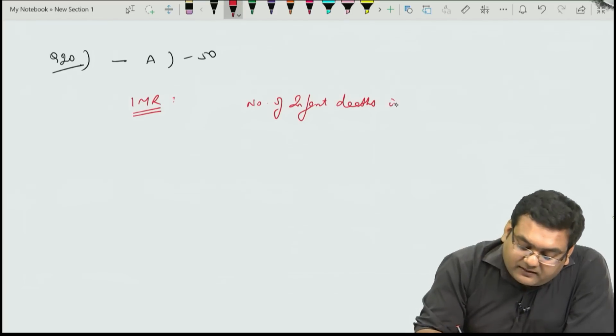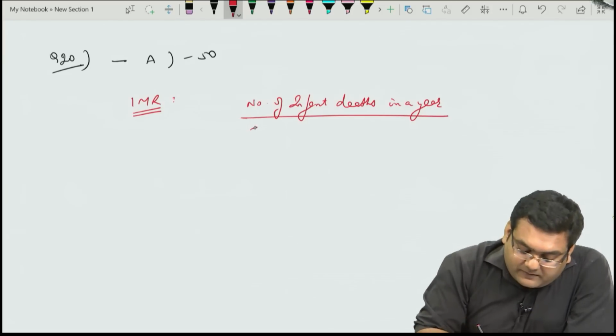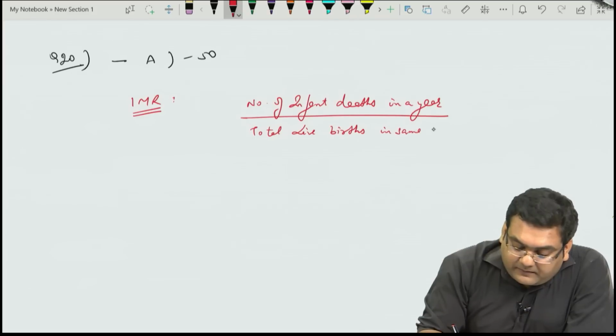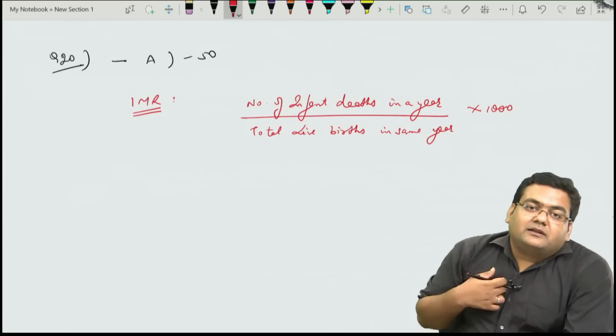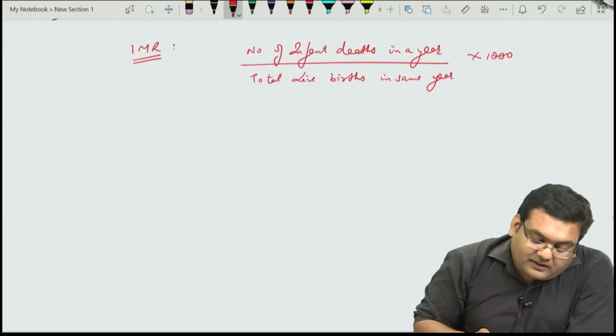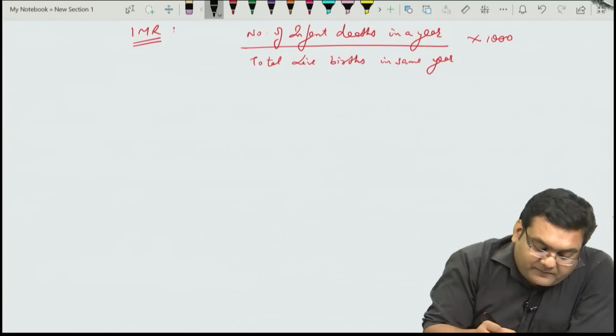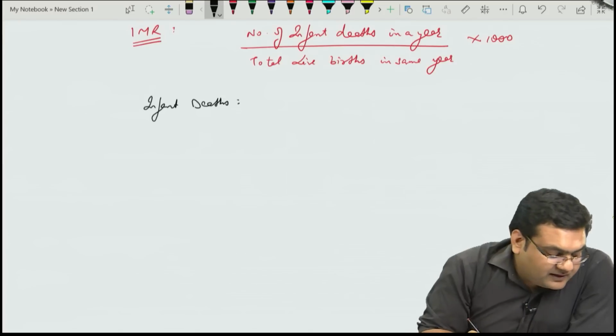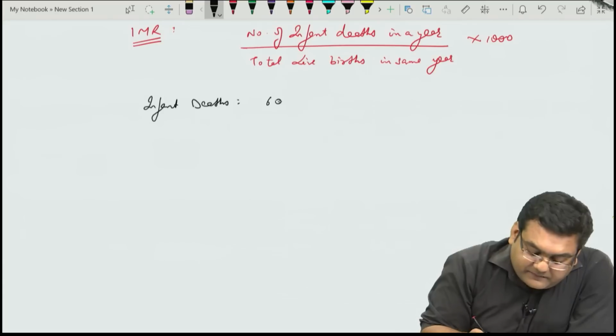So infant mortality rate is defined by number of infant deaths in a year divided by total live births in the same year multiplied by 1000. So in the given question, infant deaths are 60.